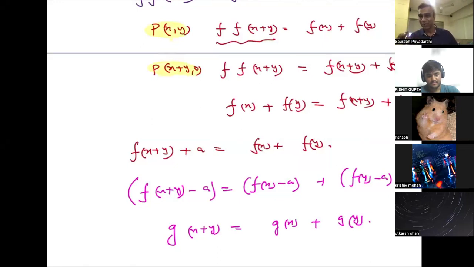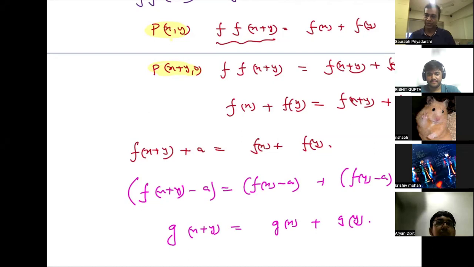I want the value of f(x+y) in terms of f(x), f(y). If I'm able to get the value, that's always simple, right? And it's coming in a very good way. Is this okay? Yes, sir. Right?